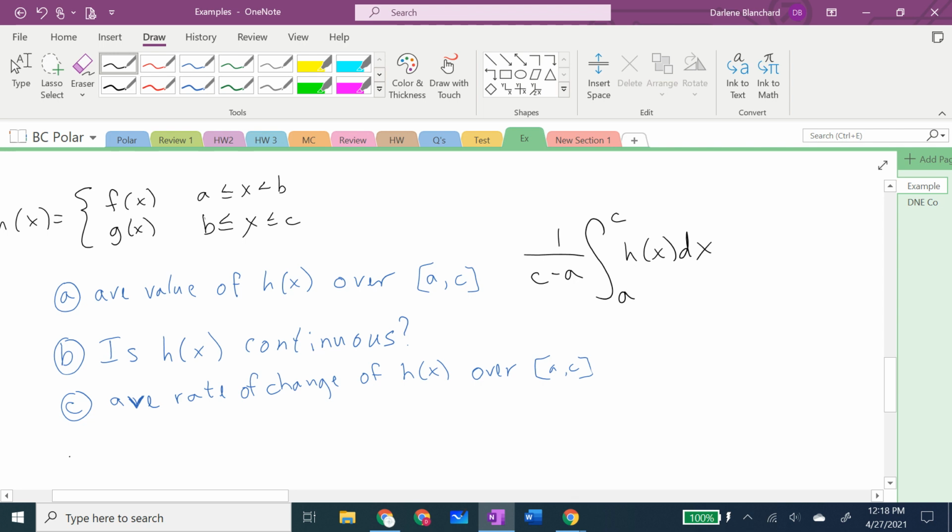But then I look at my presentation and I realize that I need to keep that 1 over c minus a and then focus on how I find the integral from a to c. I will integrate f over its particular interval, and then I will add that to the integral of g over its particular interval.